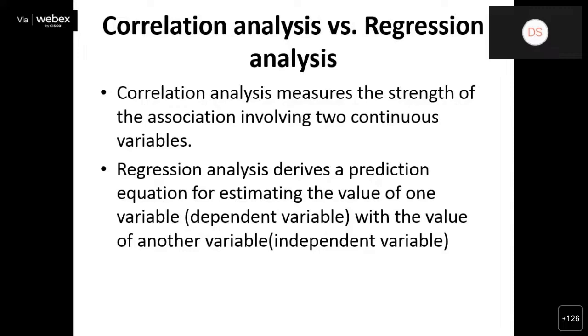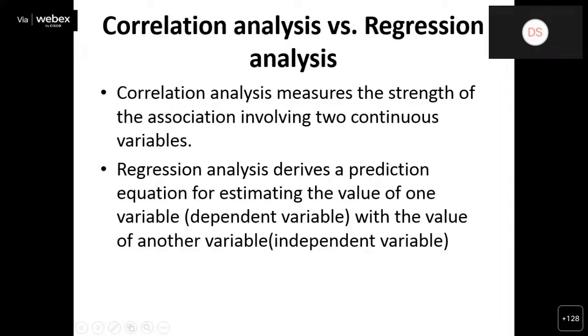So basically what I am conveying is, first, correlation analysis measures the strength of the association between two continuous variables. And second, regression analysis derives a prediction equation for estimating the value of one variable, called the dependent variable, from the value of another variable, called the independent variable.